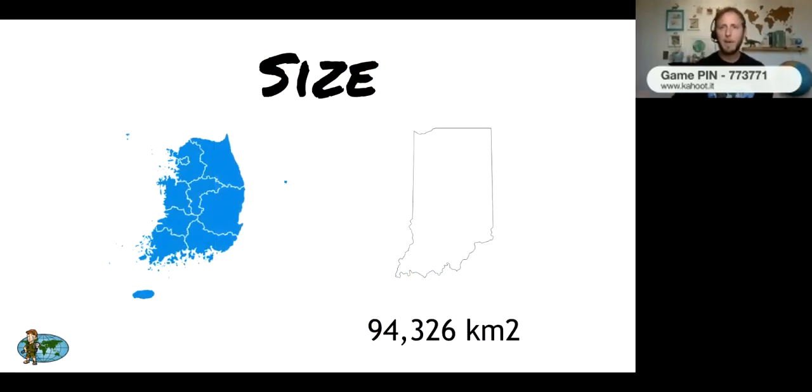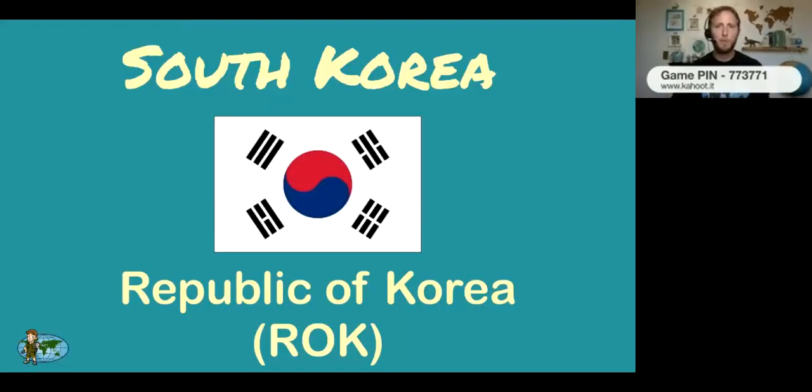Some of you may be interested to learn this, but did you know America is not the real name of America? A lot of people are surprised because it's such a popular nickname, but the real name is the United States of America. Same thing with South Korea: most people just say South and North Korea, but the actual name of South Korea is the Republic of Korea, or the ROK for short.